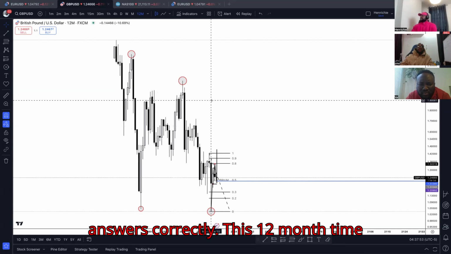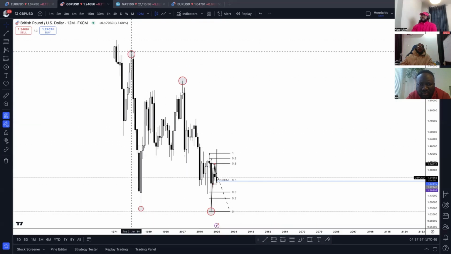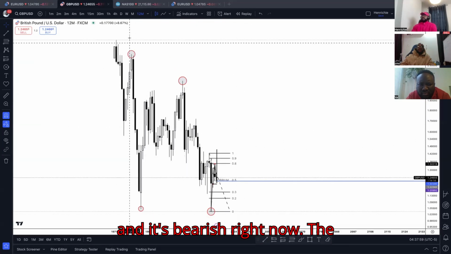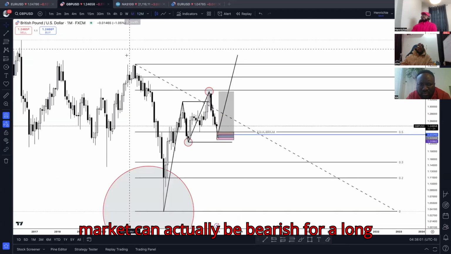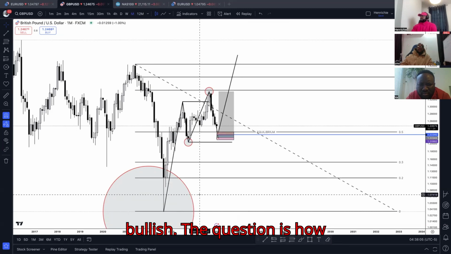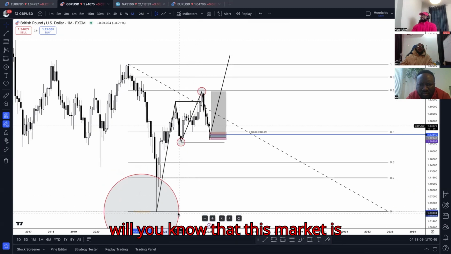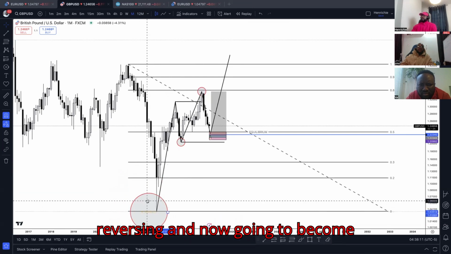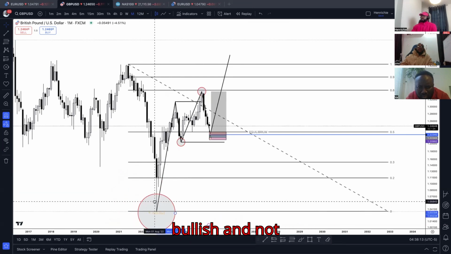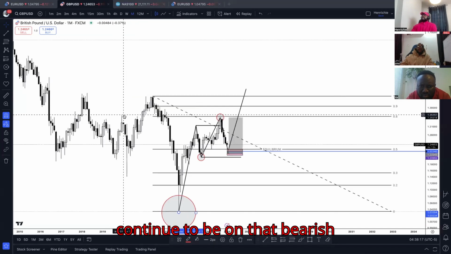Now, you both got the answers correctly. This 12-month time frame is creating lower highs, lower lows, and it's bearish, right? Now, the market can actually be bearish for a long time only to reverse and become bullish. The question is, how will you know that this market is reversing and going to become bullish and not continue on the bearish side?